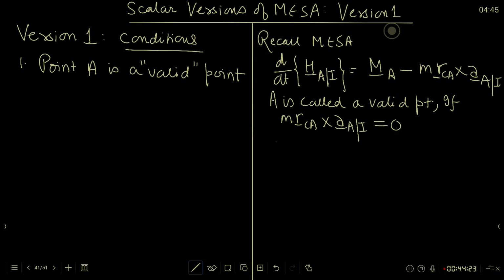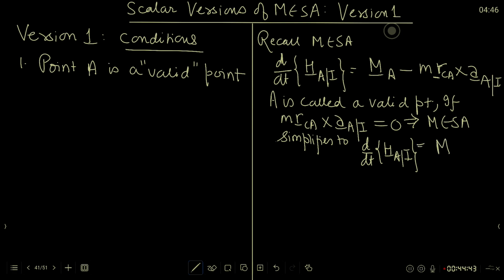And in that case, MESA will simplify further. It becomes just this much. The extra baggage is gone. A is a valid point. So version 1 will work if point A is a valid point.